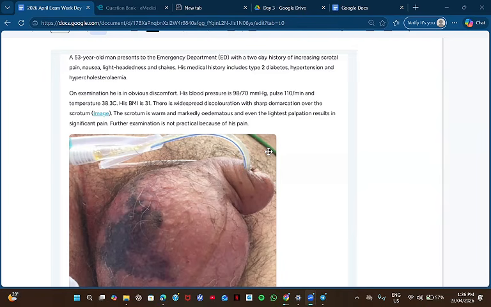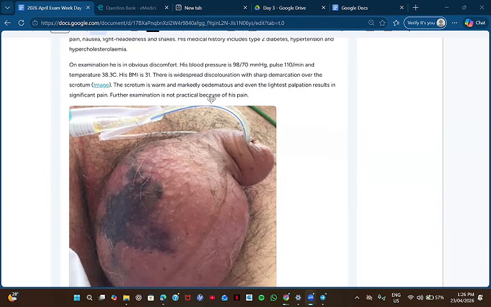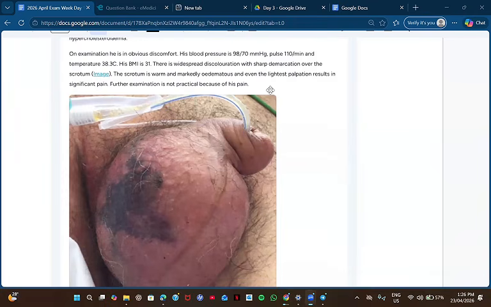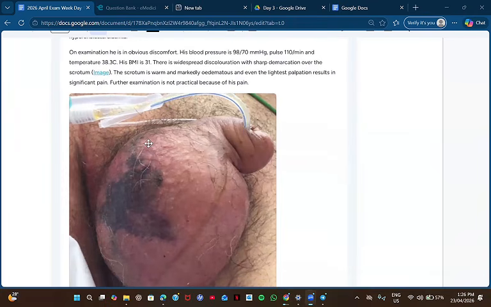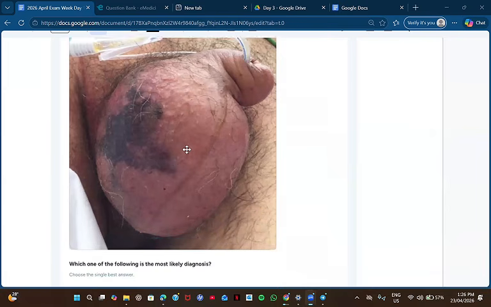There is widespread discoloration with sharp demarcation over the scrotum here. You can see that demarcation. The scrotum is warm and markedly edematous, and even the lightest palpation results in significant pain. Further examination is not practical because of his pain.